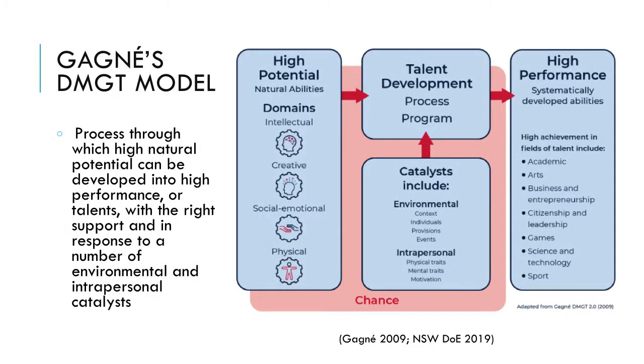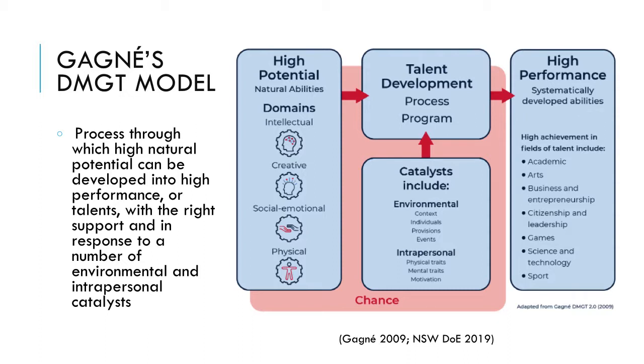This is Gagne's differentiation model for gifts and talents. It is a process through which high natural potential or gifts can be developed into high performance or talents with the right support and in response to a number of environmental and intrapersonal catalysts. As educators, we want to identify high potential in students and work with them to develop their high potential into talents for high achievement.